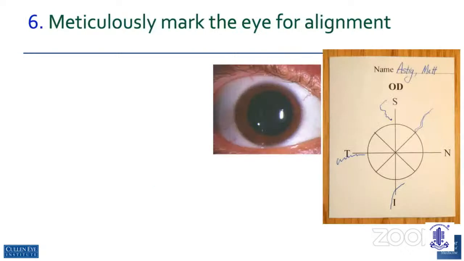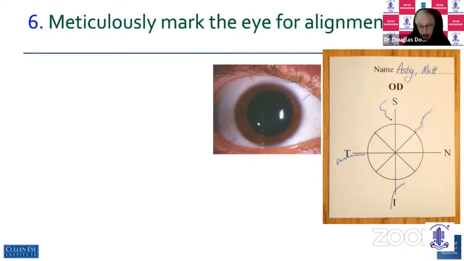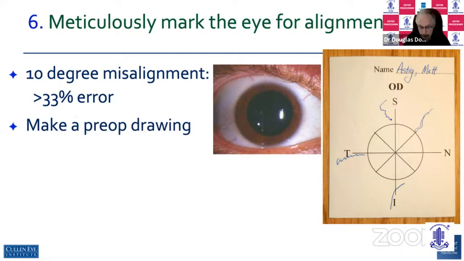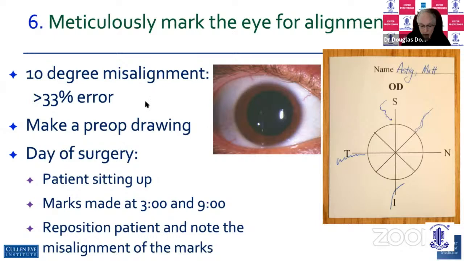How do I align my toric IOLs? Well, I'm still kind of a manual marker. I do like the Callisto, as I'll mention. We know that you have to align your toric IOLs within less than 10 degrees, because a 10-degree misalignment introduces a 33% error. I like to make a pre-op drawing if I have one where I can draw some vessel, but on the day of surgery, I sit the patient up.